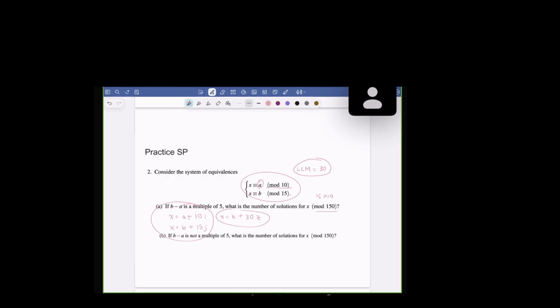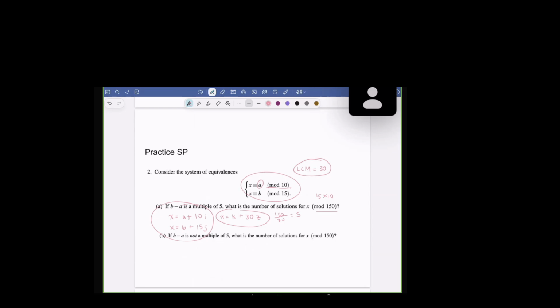So we take x mod 30 and see how many different values for x can also satisfy these equations. After we write it in this form, you can see that 150 divided by 30 is equal to 5. So there are 5 different numbers within modulo 150 that would satisfy these equations.